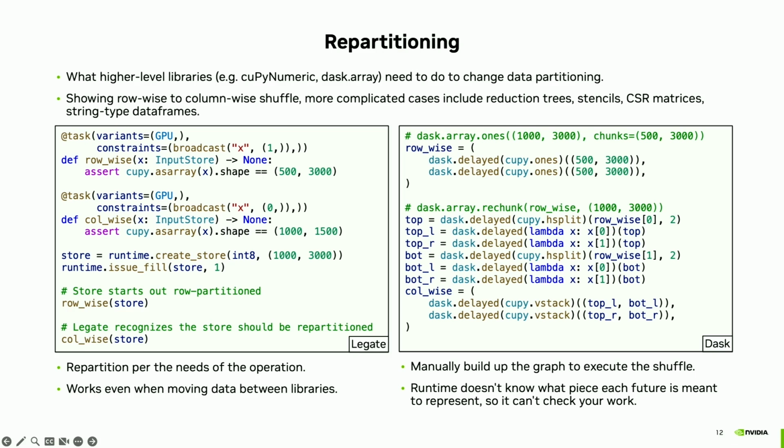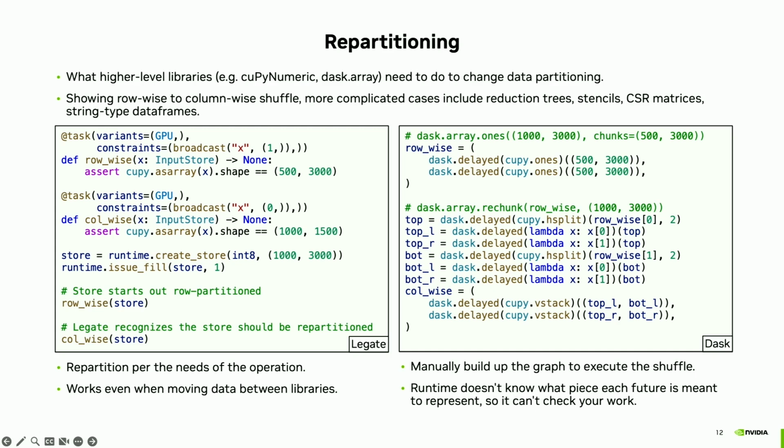On the Dask side, this is what I've annotated of how Dask array would do this. Caveat: I haven't actually read the Dask array implementation, but I'm pretty sure it would build up a graph like this, maybe not this specific graph, but in this fashion.